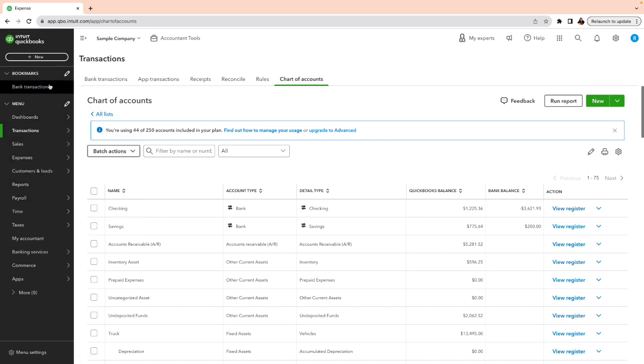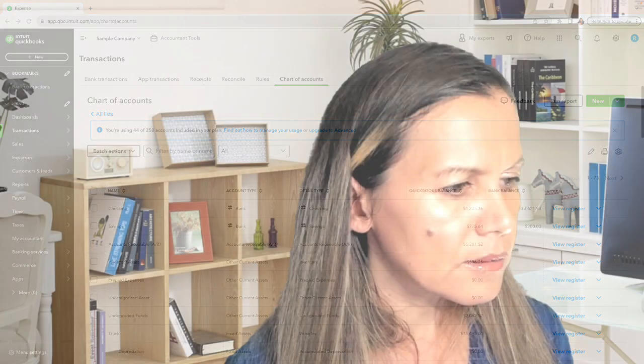Okay, so one more thing that is very important, now I'm gonna get back here, is to make sure you add the vendors. Add the vendors to each expense transaction, and the customers to your income transactions. Because if there is any question, you can always go into the transaction and make sure that everything is correct.